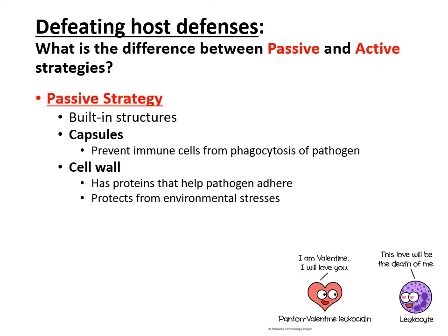Okay? So again, passive strategies are parts of the bacteria that they already have to protect them. They don't have to do anything extra.